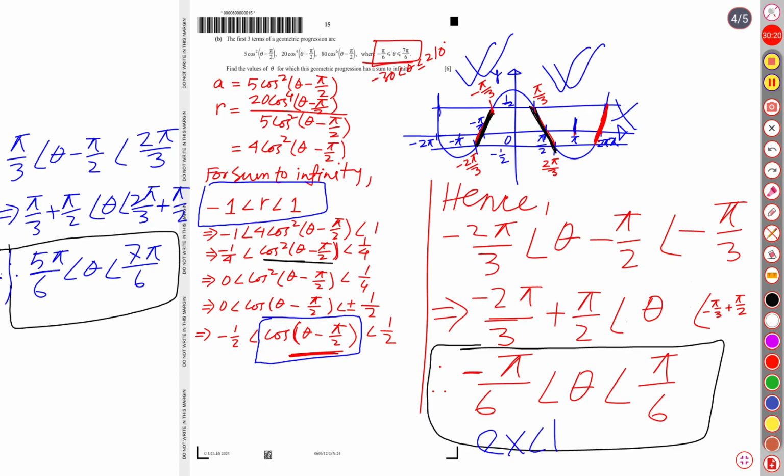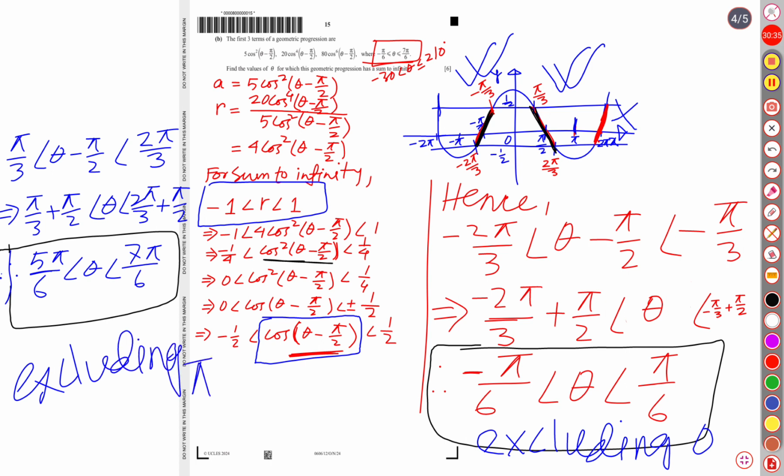Excluding 0 cannot be accepted as the value of the common ratio, and here excluding pi cannot be accepted. So that's all about this twisted solution.